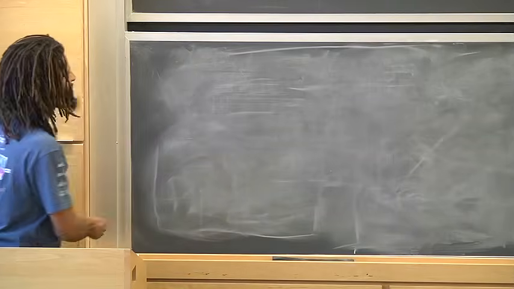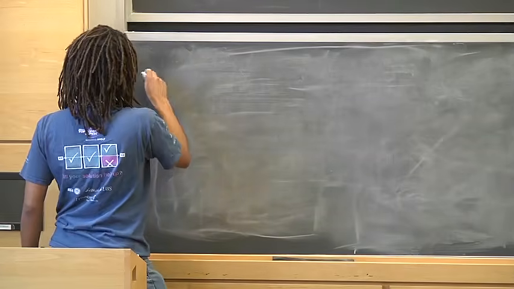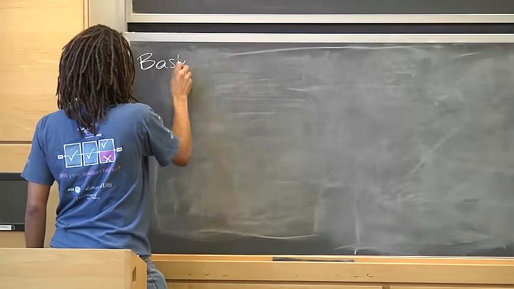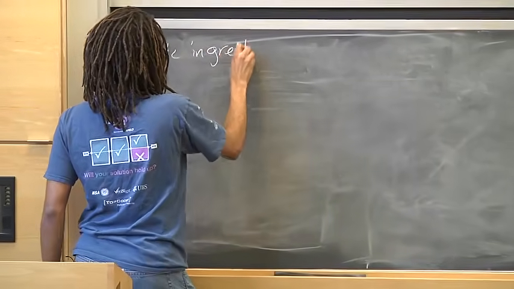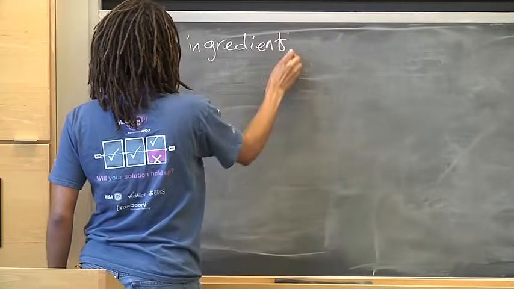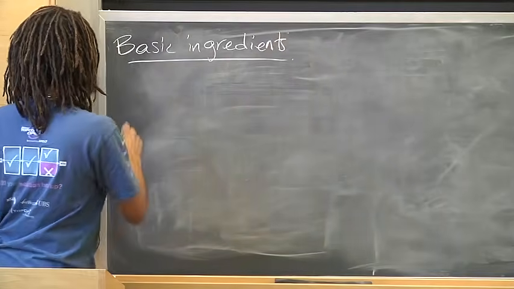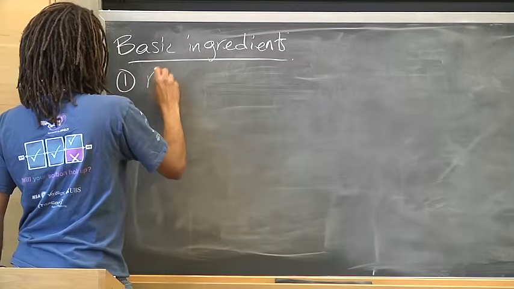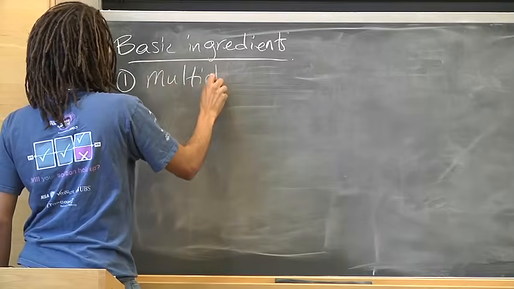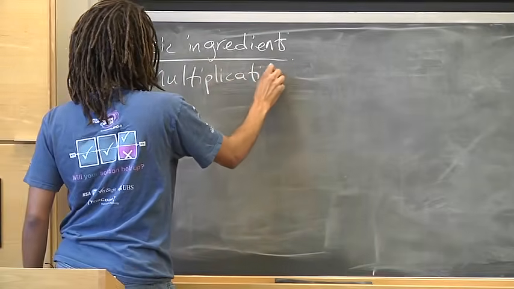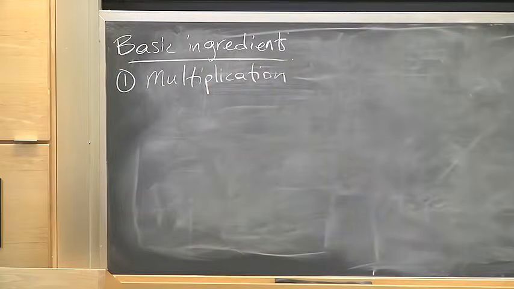Okay, so the basic ingredients. Well, we're going to use multiplication. We're going to exploit the fact that we can multiply numbers in constant time as long as they fit in a word. You'll see where that's going to come in.